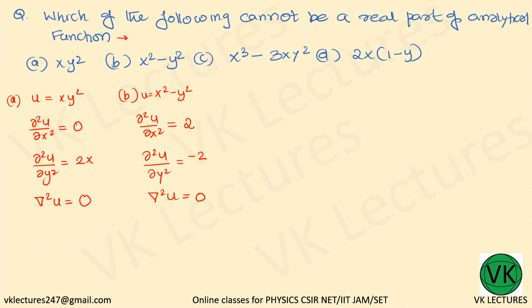Excuse me, sir. Yes. The option C, x cube minus 3x y square, that's u. Dou square u by dou x square. So first derivative will be 3x square minus 3y square.